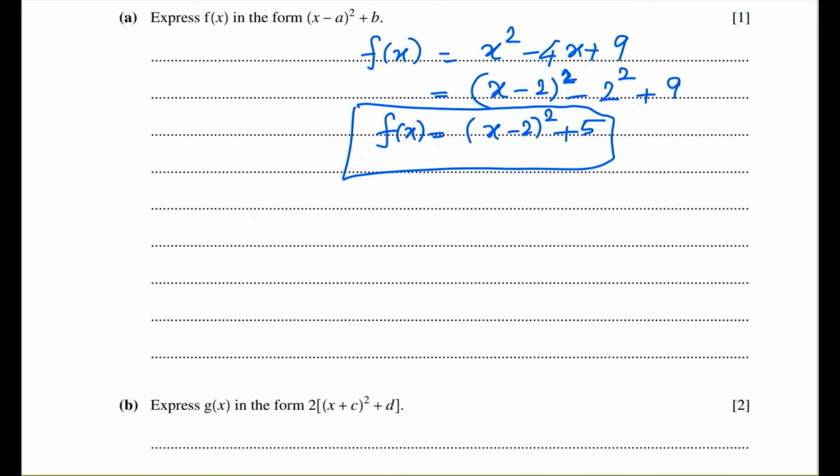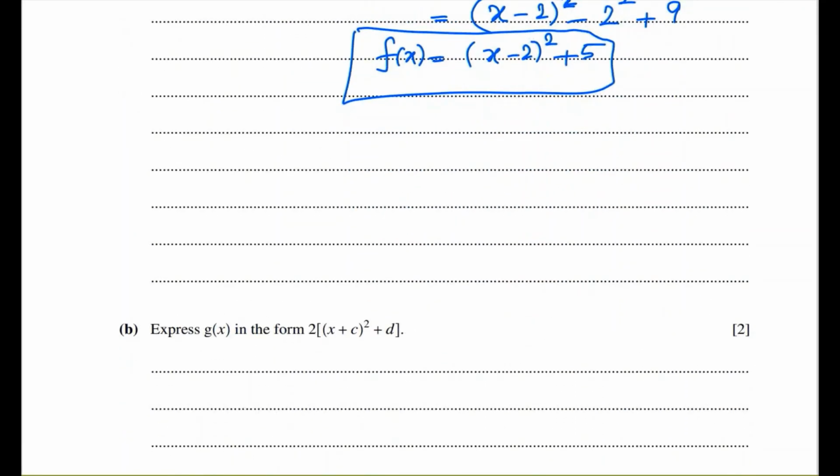Express g of x in the same form. So again for g of x also we have to complete the square. 2x square plus 4x plus 12. In the answer we want 2 outside of all the terms. So we will take 2 outside of all the terms: x square plus 2x plus 6.